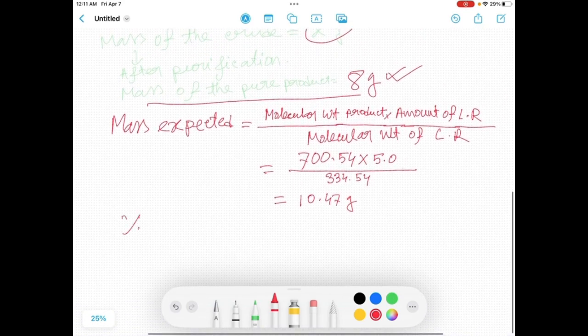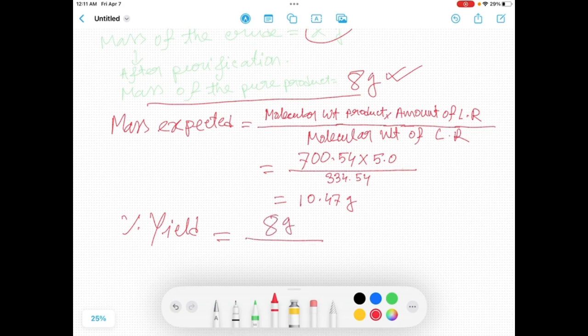So percent yield will be the pure mass you get over the mass you are expecting, times 100%.